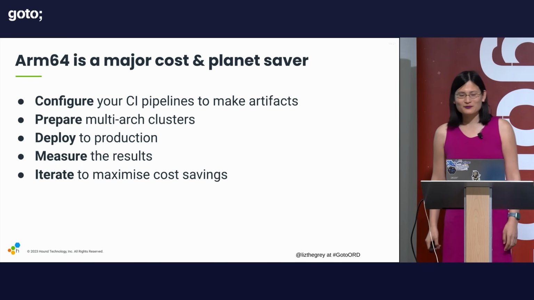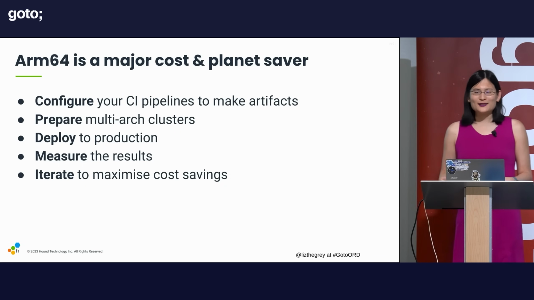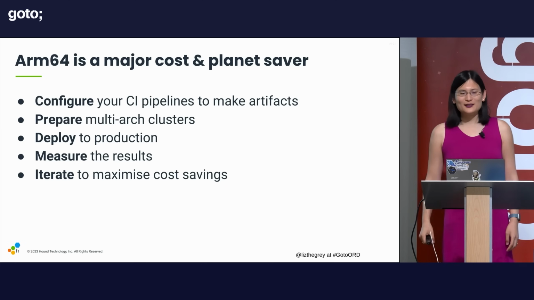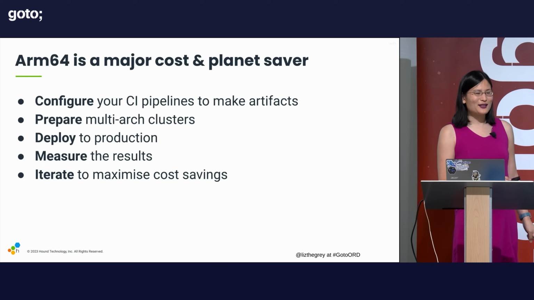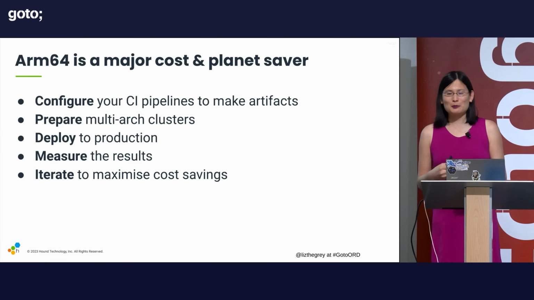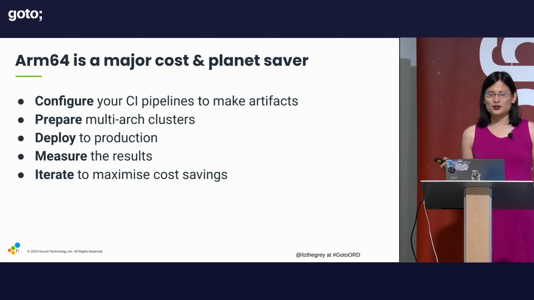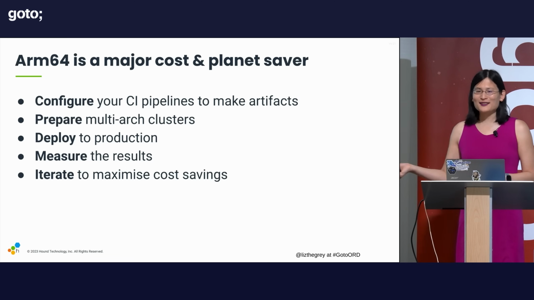So when you do this as part of an ARM migration, this means that you're going to be able to make your cloud bill go down and save the environment by consuming less power. But you kind of have to be prepared to do that homework. You have to be prepared just in case it doesn't go 100% to plan. But there are some easy things that you can do today.